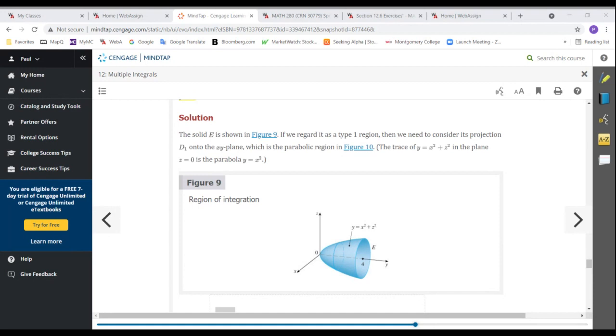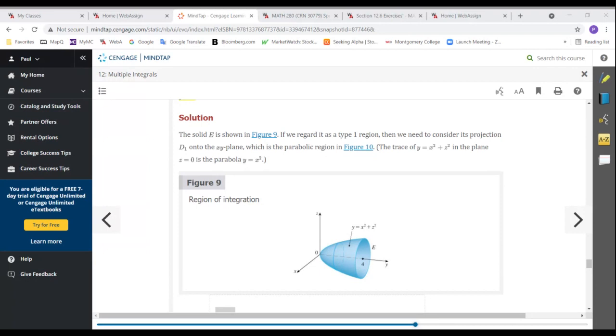That's right, Ryan. The paraboloid, y equals x squared plus z squared, is bounding on the left. And the plane y equals 4 is bounding on the right.